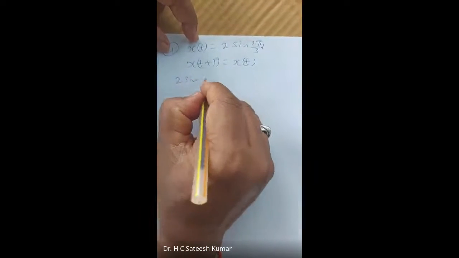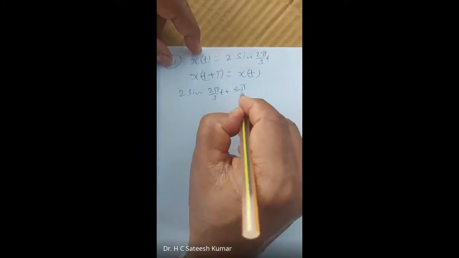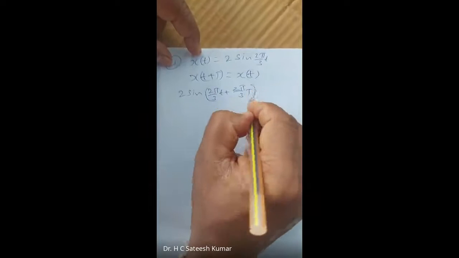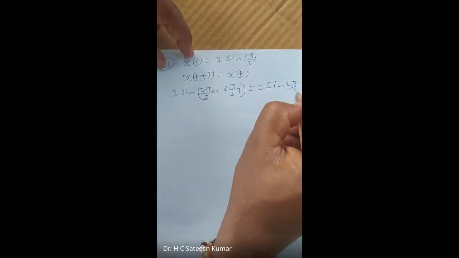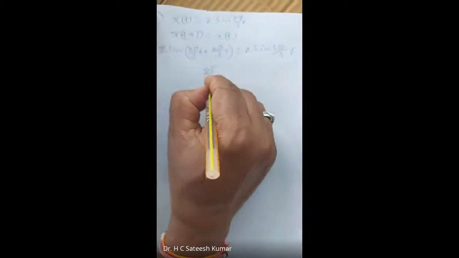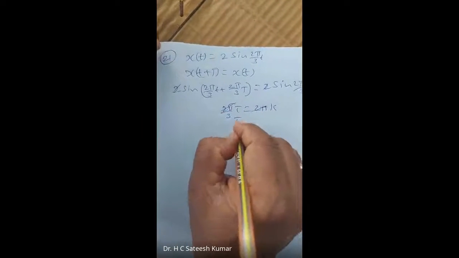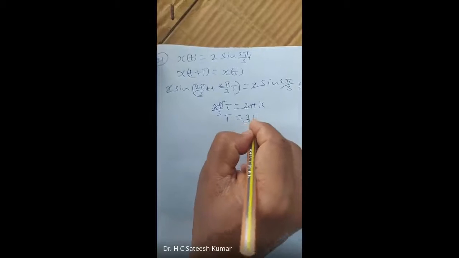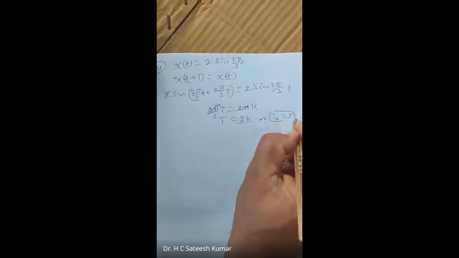So 2 sine of 2 pi by 3 t plus 2 pi by 3 T is equal to 2 sine of 2 pi by 3 t. The 2 gets cancelled. When these two are equal, 2 pi by 3 T is equal to 2 pi k. The 2 pi gets cancelled. T is equal to 3k, or T naught is equal to 3, and it is periodic.